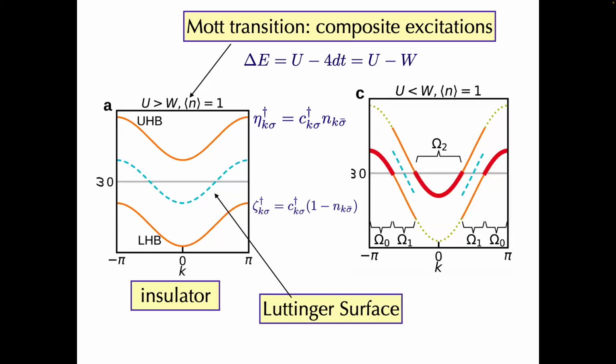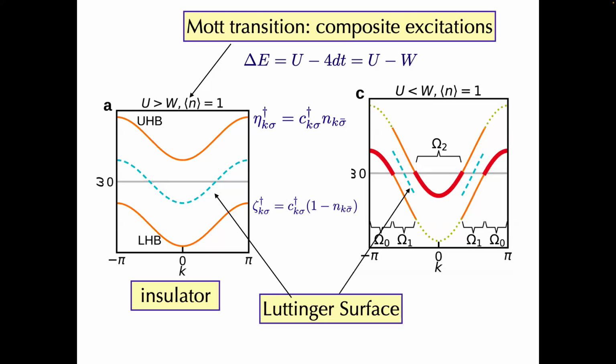So you have three regions of occupancy in this model: omega 0, omega 1, omega 2. And that just corresponds to the momentum over which you have this demarcation of these occupancies. And in a Fermi liquid, you only have this part or this part, not the singly occupied part.